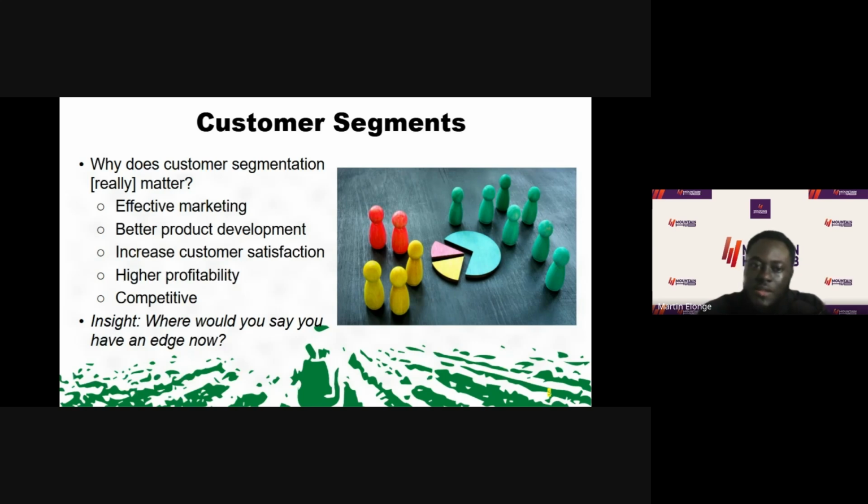We're able to gain customer satisfaction, we will retain them, and they will keep coming over and over to use our products or services, what the startup or company is offering. And this will in turn transform into higher profitability over time.